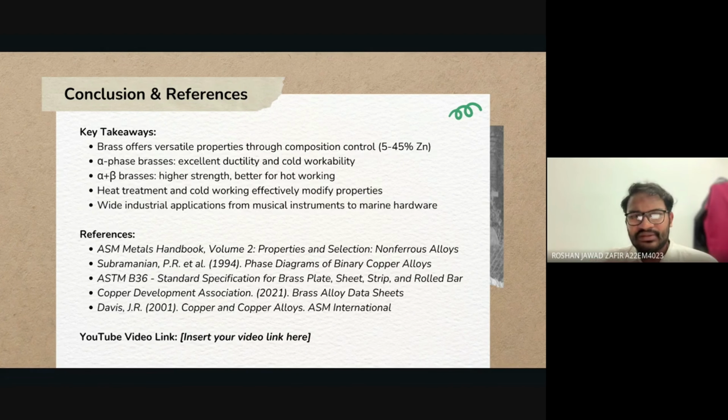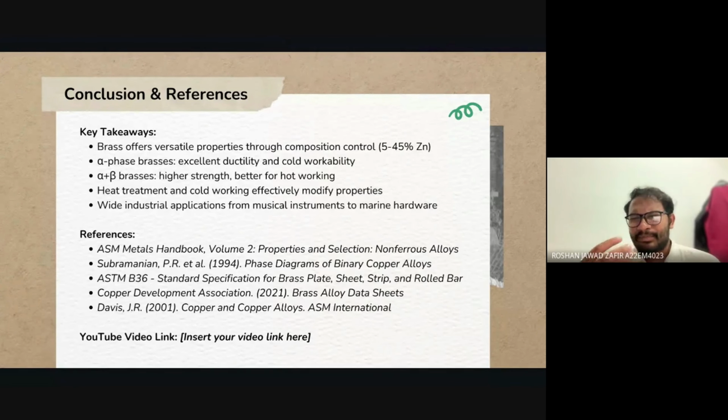Various treatment methods allow us to enhance or modify the properties for demanding service conditions. And last but not least, real world applications demonstrate brass's continued importance across all industries.